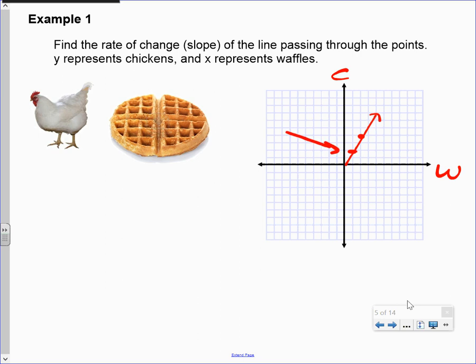So the first ordered pair is 1, 2. Second ordered pair is going to be 2, 4. So right now it's not even needed for you to actually draw the points, just write the coordinates down. Find the rate of change of the line passing through the points. Y represents chickens and X represents waffles.